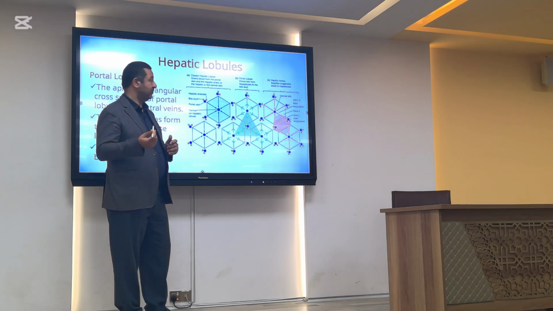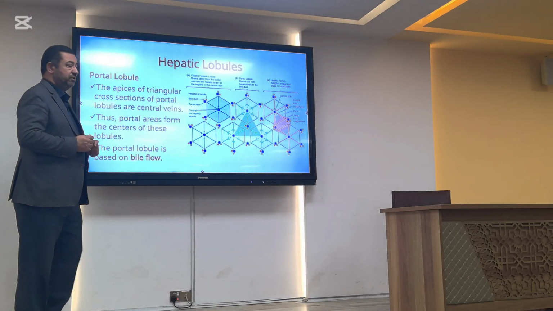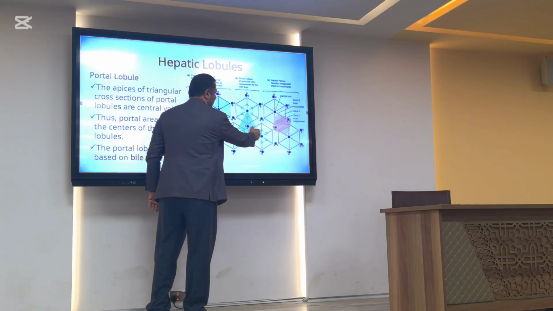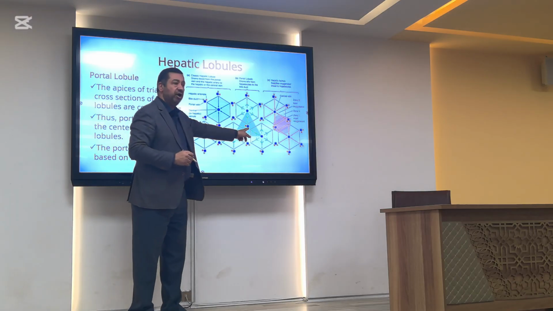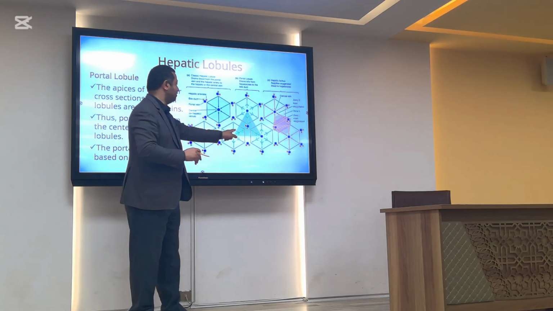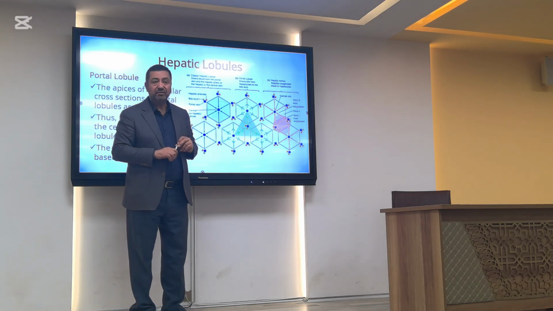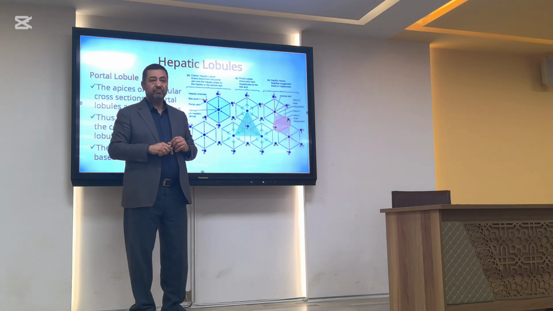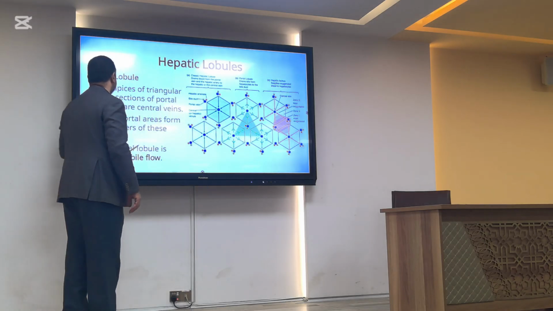But the portal lobule is a triangular area in which the portal area or Kiernan space is located in the center, and three central veins are located on the pieces. Okay? This is the portal lobule.